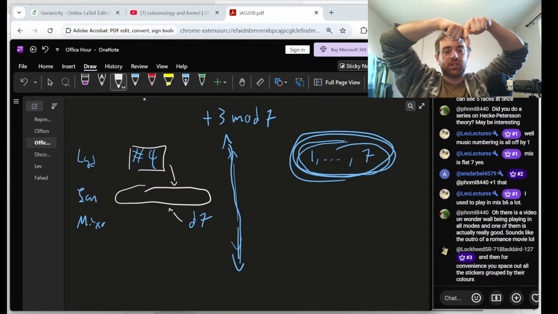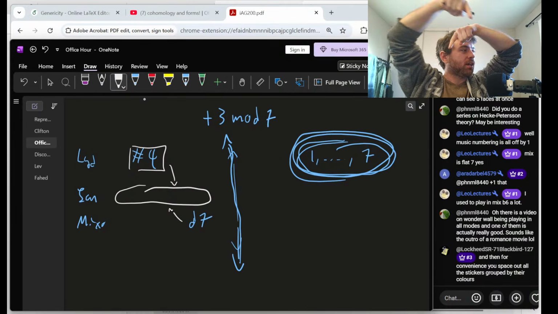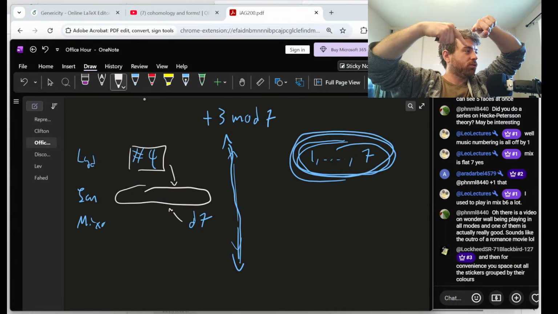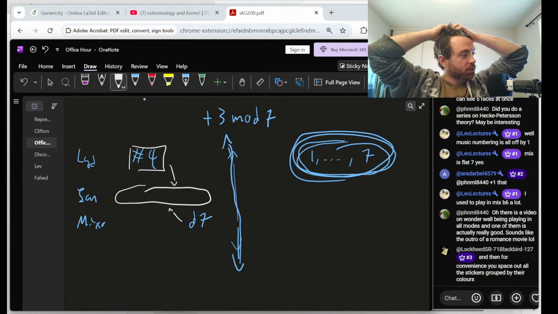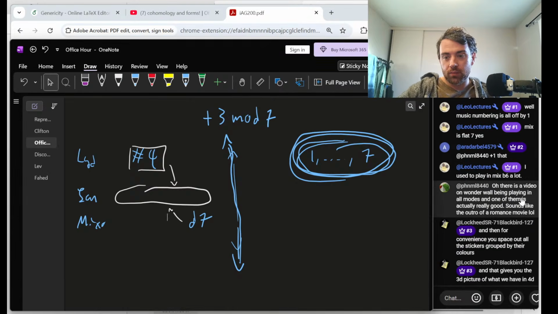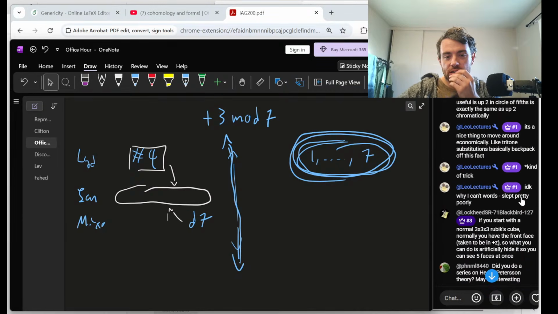You need to somehow choose it in such a way that it won't double up on anything. This is something I still need to prove, but I think the way it is ordered may be the unique way that orders it. You have to cycle through it in this manner. Yeah. Anyways.